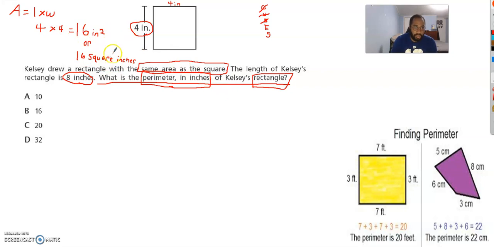It's fine, as long as you represent when you're doing area, you show the square inches. So now we found the area of the square. The rectangle that Casely drew had the same area as the square.